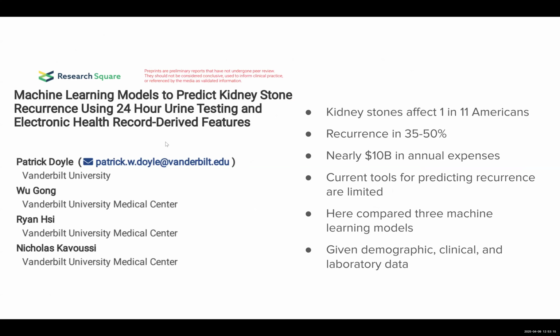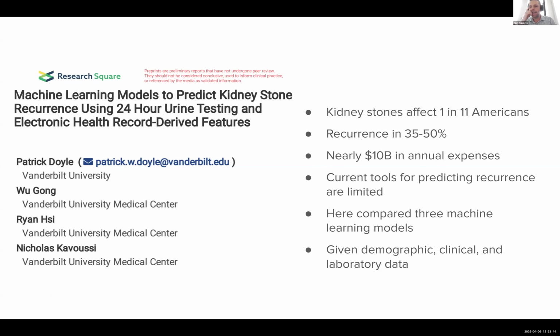Okay. So then the last paper, I won't bother with the comments there. I'll let someone else summarize comments for me if need be. But the last paper, I'll quickly summarize since we're running out of time, is machine learning models predicting kidney stone recurrence. Basically, kidney stones affect 1 in 11 Americans, and recurrence is really high. 35 to 50% of patients that have an initial kidney stone will have another one.